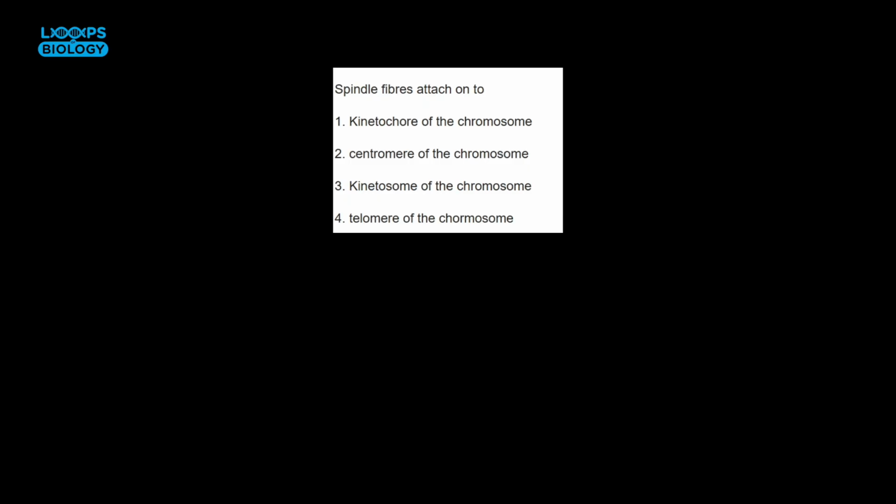Now, the spindle fiber is attached to the kinetochore of the chromosome. There is still an option of centromere given, but the fibers are attached to the kinetochore, not the centromere.